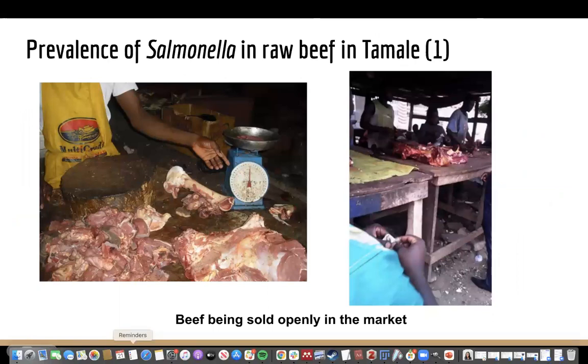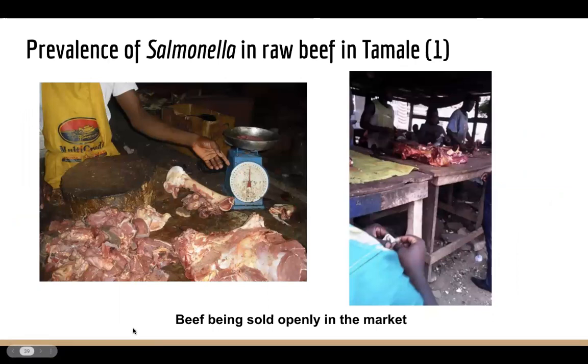Yeah, not only were we interested in vegetables, but also meat. You all agree with me how meat is handled in our developing countries. I've traveled across Africa, and I've seen that how we handle meat is almost the same from Ghana, Burkina Faso, Kenya, and the rest, and how we transport it.